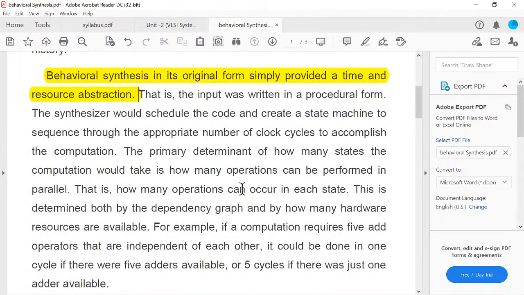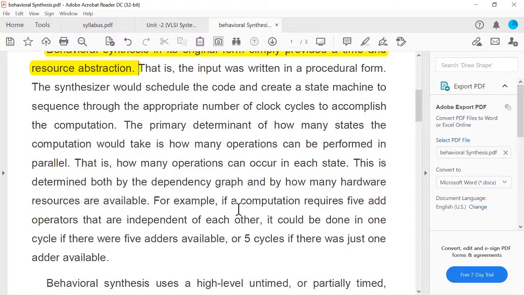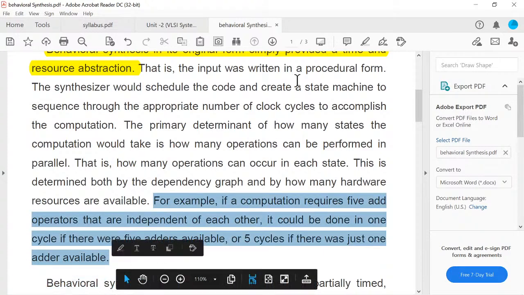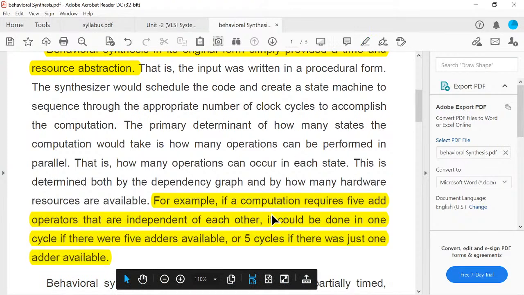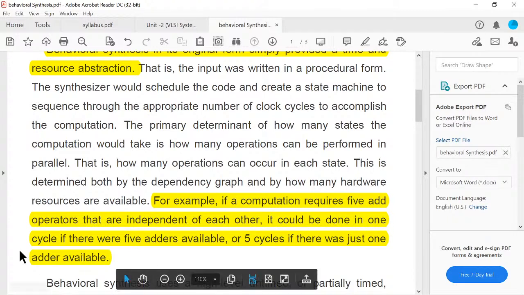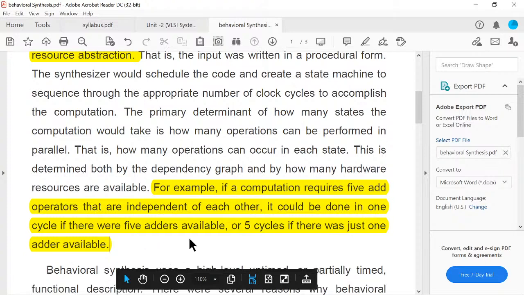you can understand the behavioral level by using this example. If a computation requires five add operations that are independent of each other, it could be done in one cycle if there were five adders available, or five cycles if there was just one adder available.